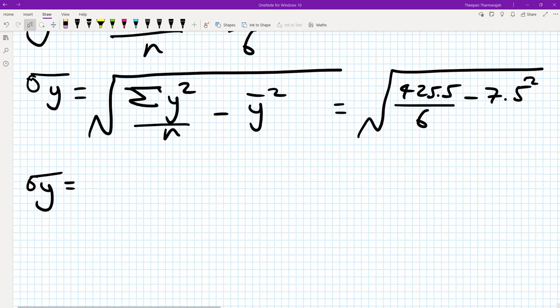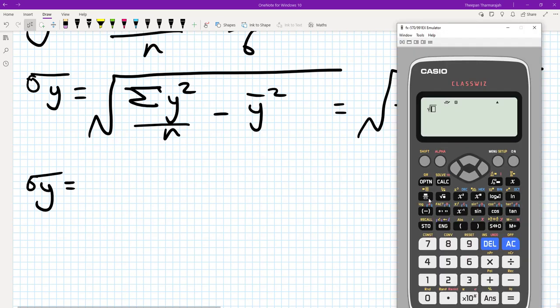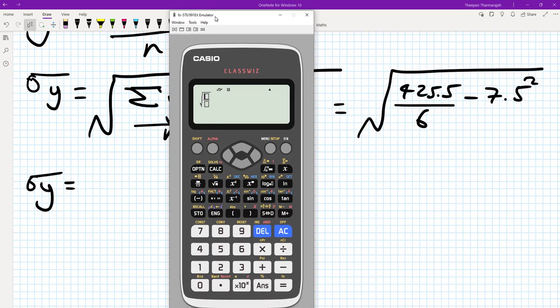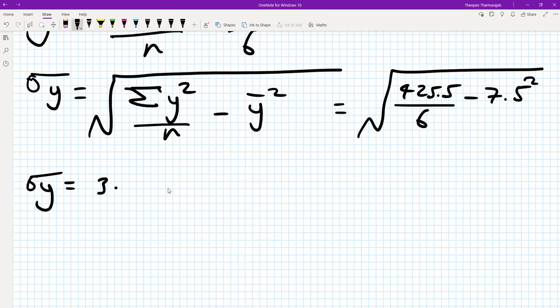Just type it into our calculator. So we get 425.5 over 6 minus 7.5 squared, which is going to be 3.8297. So sigma y is approximately 3.83.